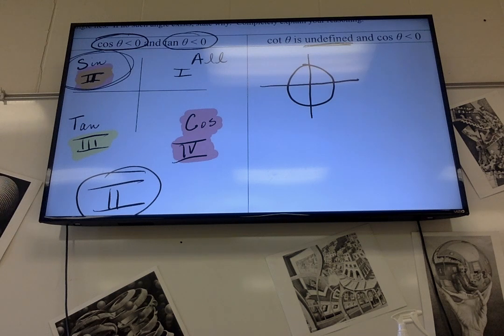Talked about this slightly last Friday. So each point on the axes, on the x and y axes, of course.